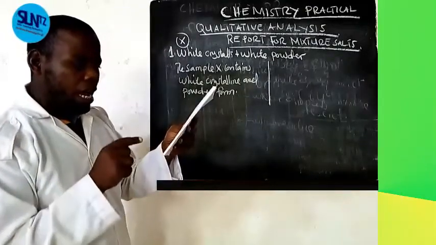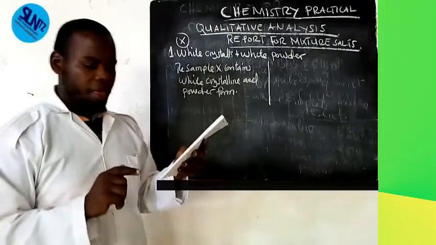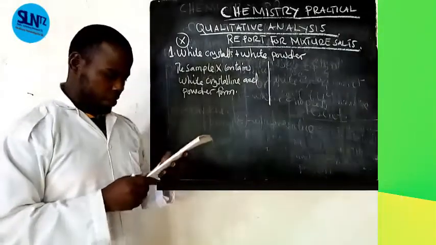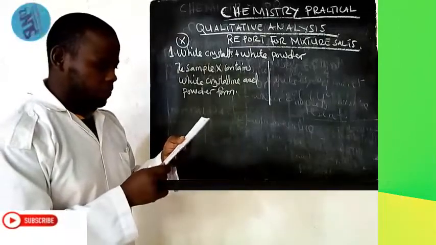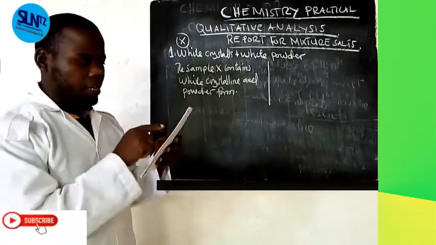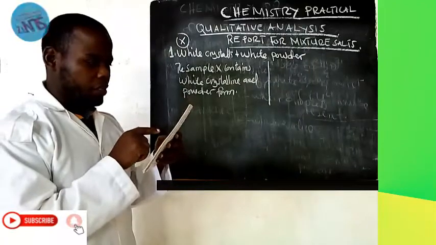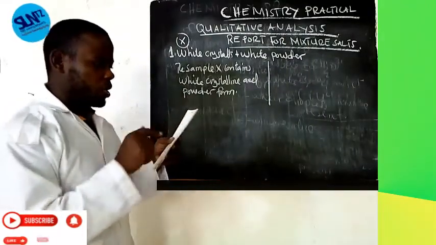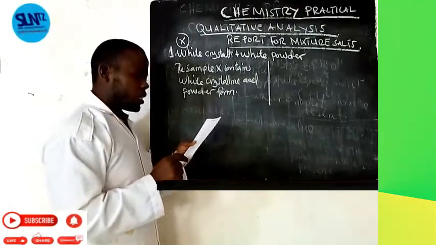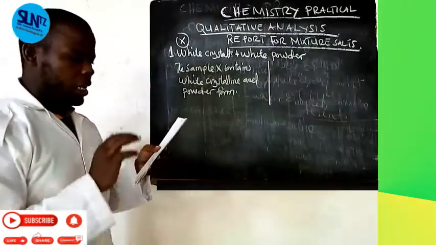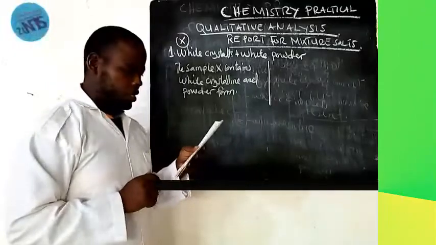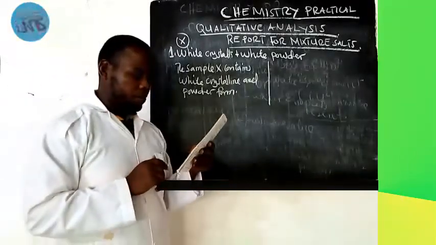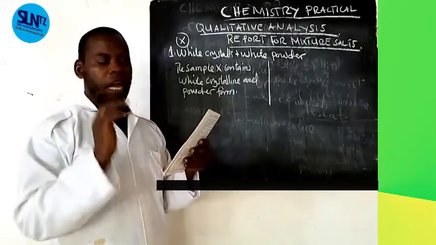White shows that a non-transition metal may be present. For crystalline form, nitrate, sulfate, chromate, chloride, oxalate, acetate and dichromate may be present. But for powder form, carbonate and hydrogen carbonate may be present.